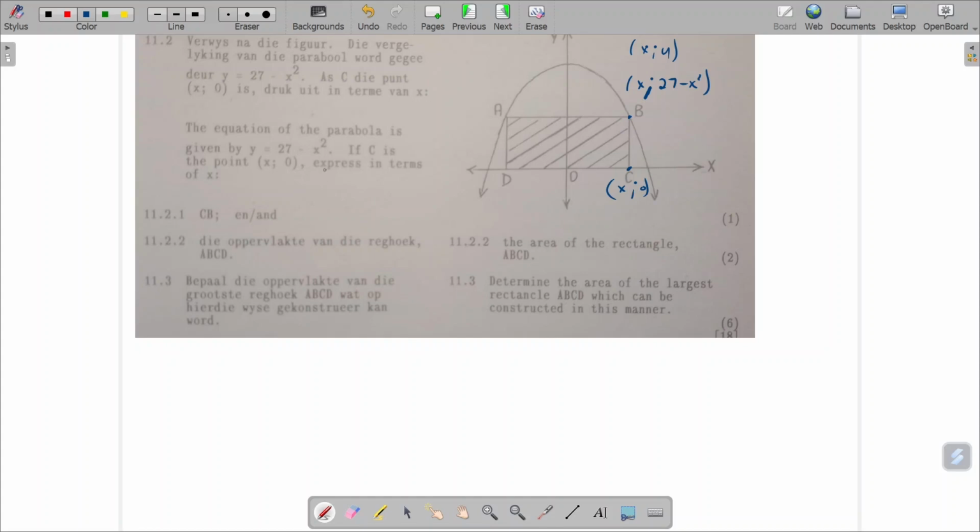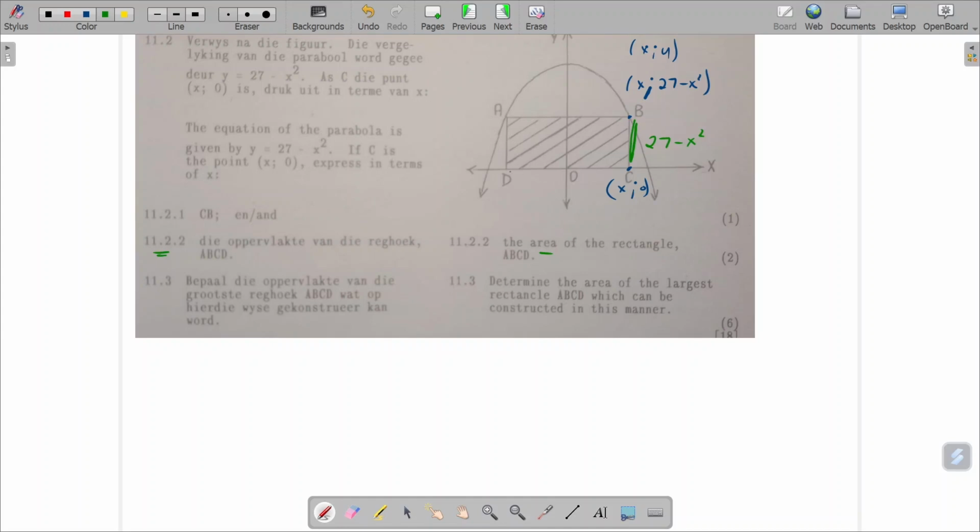So this one's been quite friendly to us, because they've actually told us in 11.2.2 to find an equation for the area of the rectangle. So we need to know that area is length times breadth. From what we've just done in CB, that height there would be 27 minus x squared.